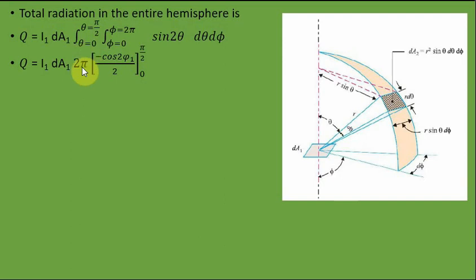So I have directly written the result after integration of d phi and applying its limits. Ultimately, integrating d phi from 0 to 2 pi, I will get 2 pi, and this is the second term. So finally it is I1 dA1 pi.